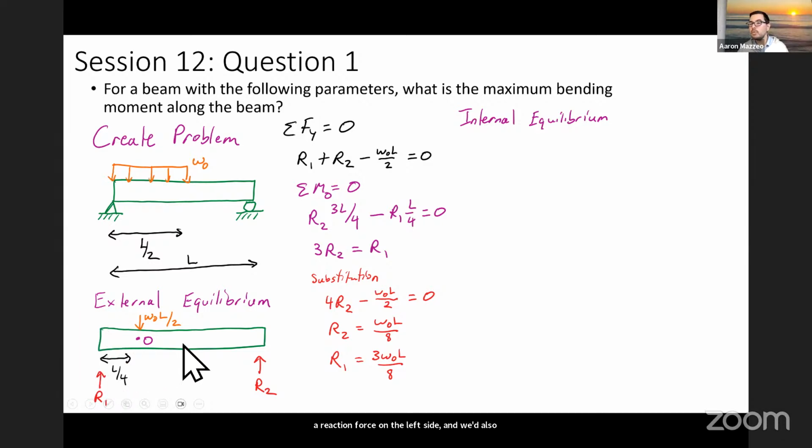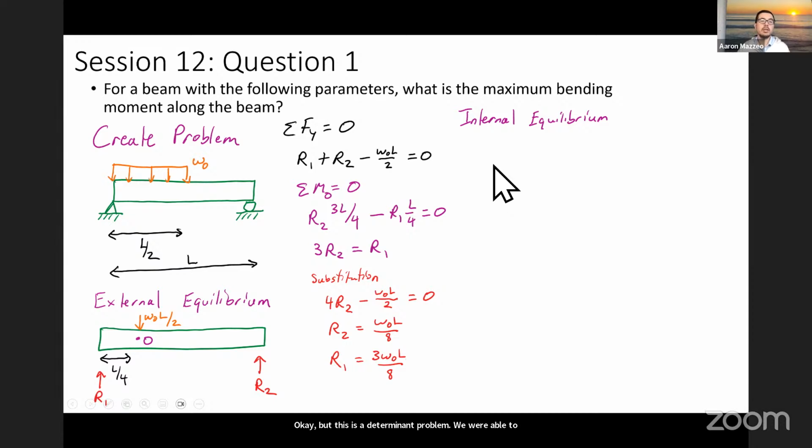When we try to perform our equilibrium, we would still only have two equations, one for the force and one for the moment, and we would not be able to solve for that situation. So that would be a way to make a determinate problem become indeterminate, and we'd have to use some additional relationships. But this is a determinate problem. We were able to simply figure out the reaction forces just by using equilibrium.